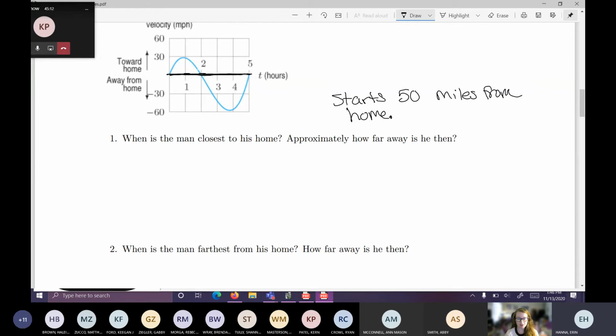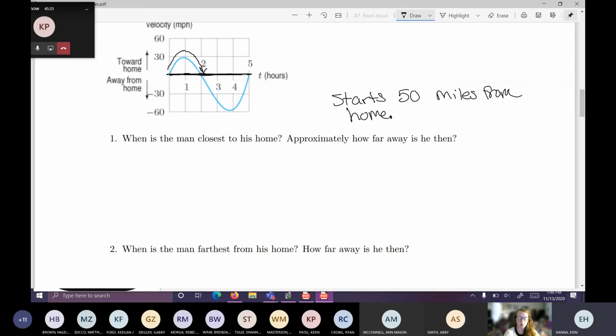So he starts 50 miles away from home. And if we look at this velocity curve, he starts traveling towards home, traveling towards home. And then he hits 2 hours. And at the 2-hour mark, his velocity turns negative, which as we're told from the left side of the graph, means that he starts traveling away from home.